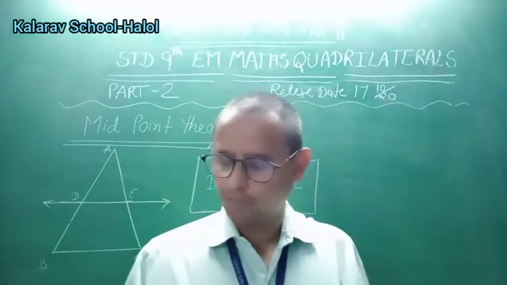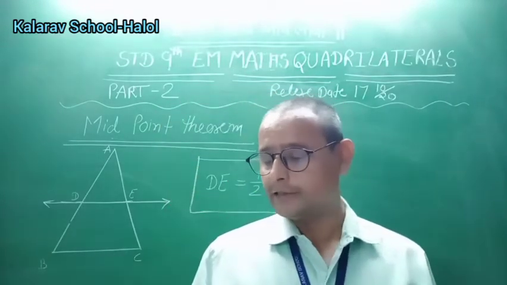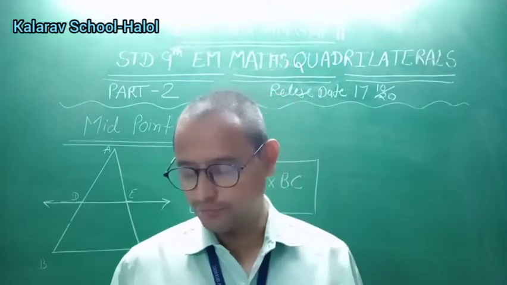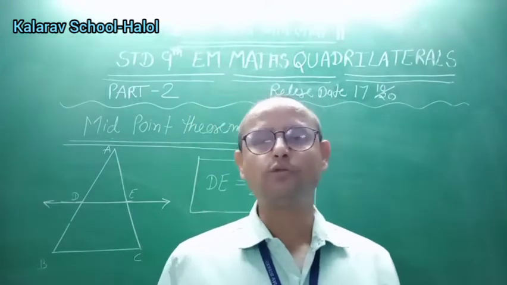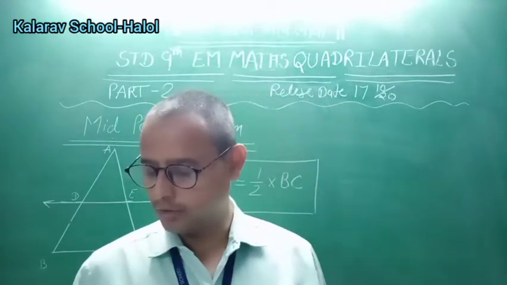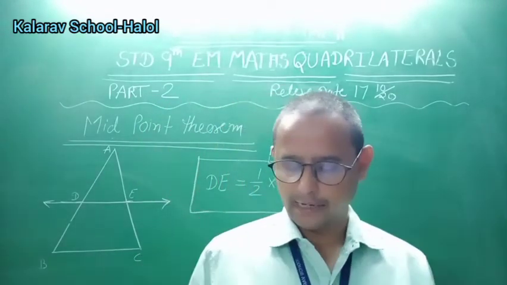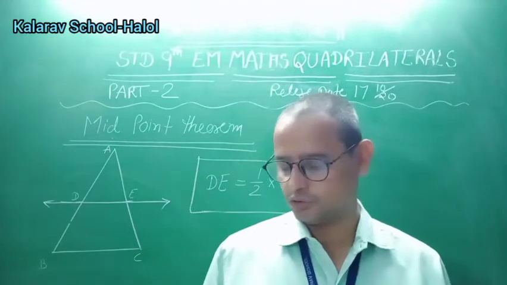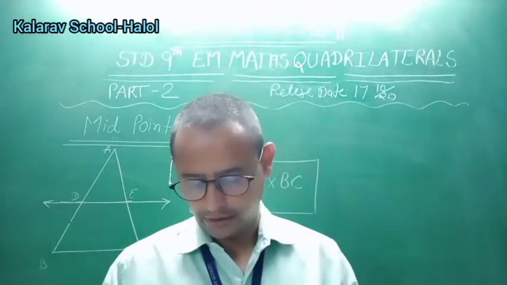Certain figures are mentioned there. If you see those figures, almost all are quadrilaterals, and among them trapezium, parallelogram, rectangle, rhombus, square and kite are given.